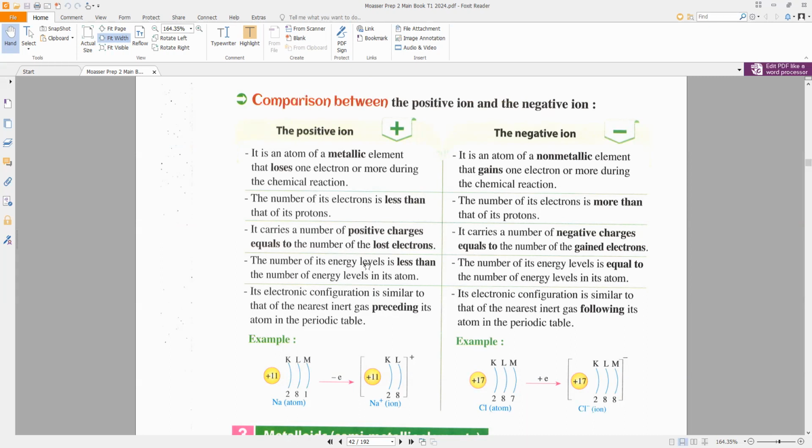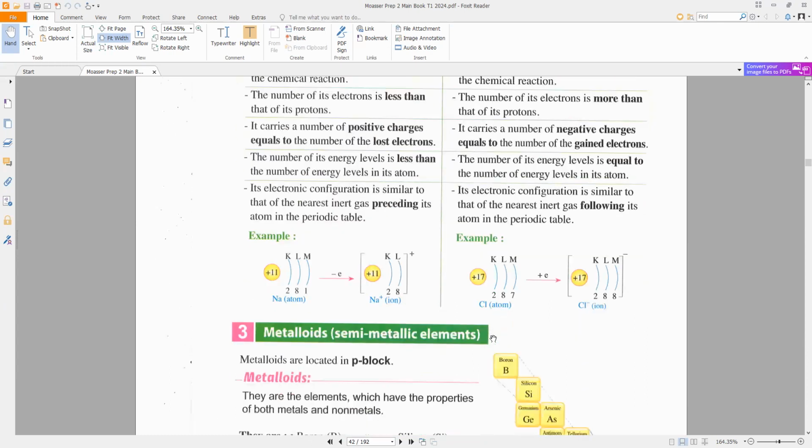In a negative ion, the number of energy levels equals that in the neutral atom. So what is the difference between the positive ion and negative ion?